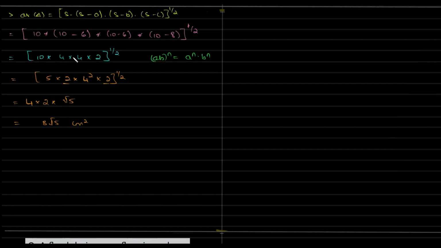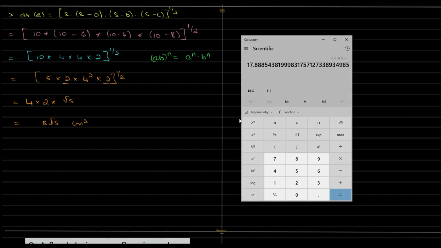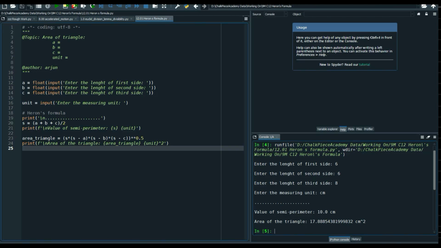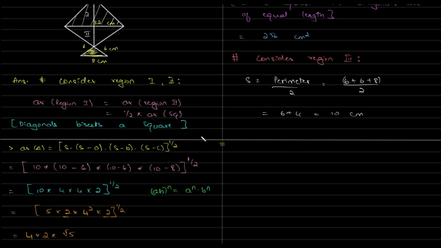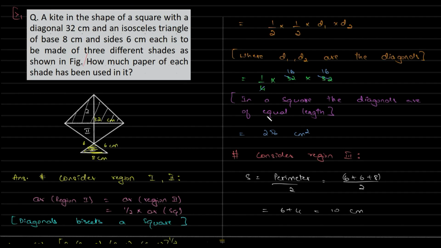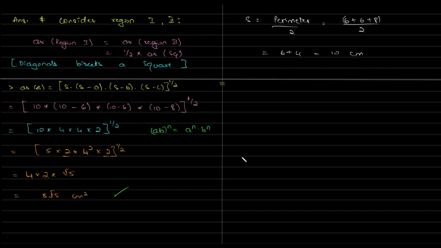So we have semi-perimeter 10, yes, and 8 root 5 is 17.88, the same answer as this. So yes, our calculation is correct. Okay, so this is your first half, and this is the second half.